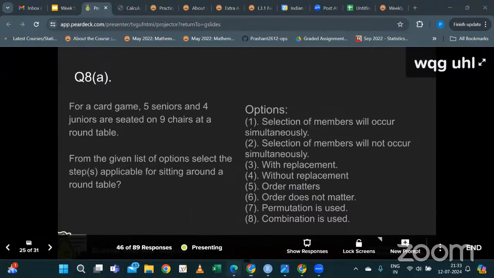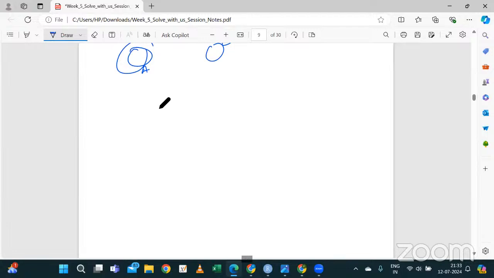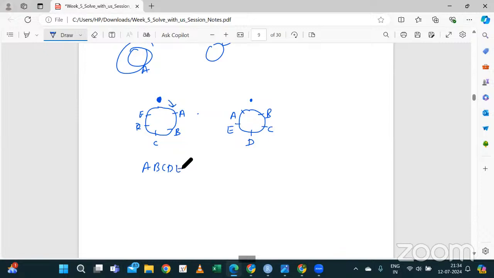It does not matter where a person is sitting; he can sit anywhere. One second, it will be clear in a minute. Suppose there are A, B, C, D, and E, and I have done the arrangement A, B, C, D, E. If you see it like this, you will get A, B, C, D, E. If you see it like this, you will get B, C, D, E, A. Now is this arrangement the same as this one or different?